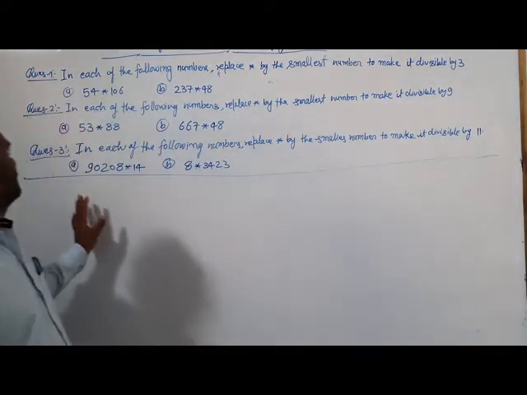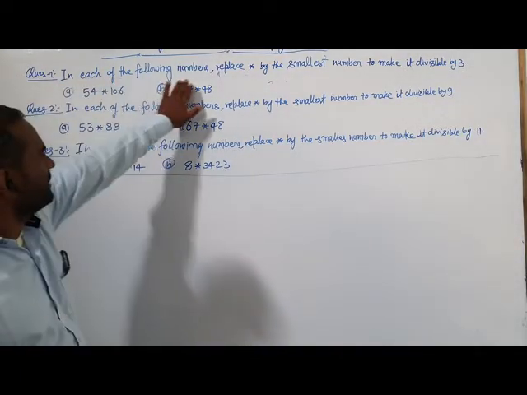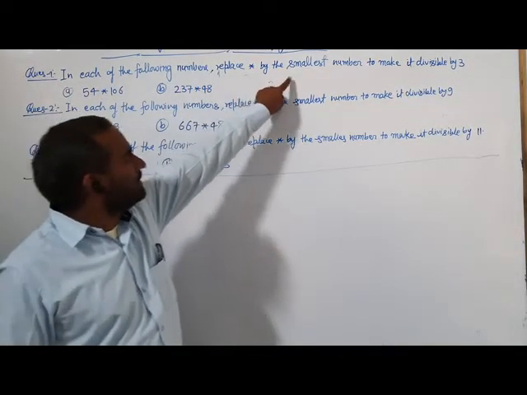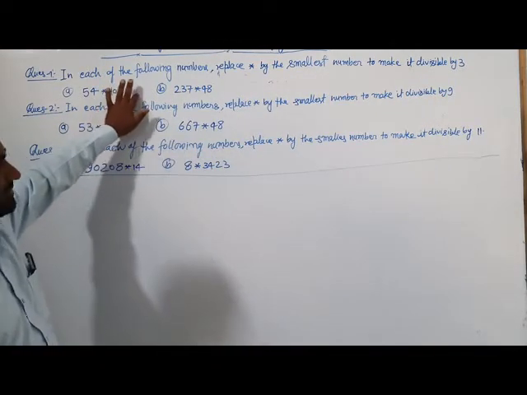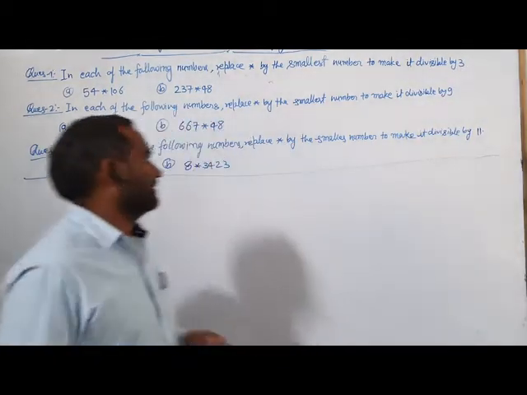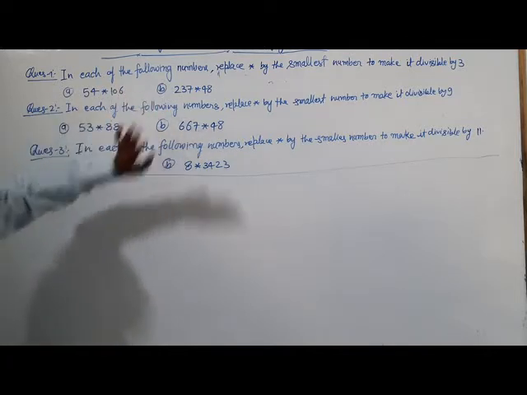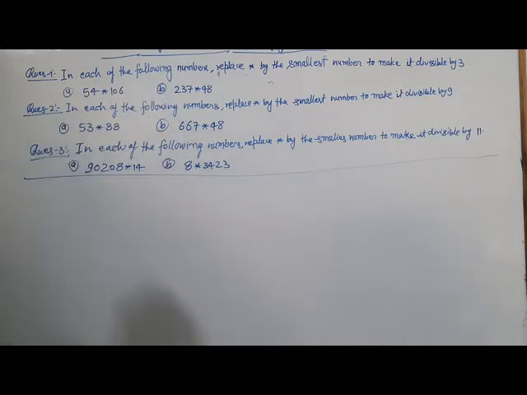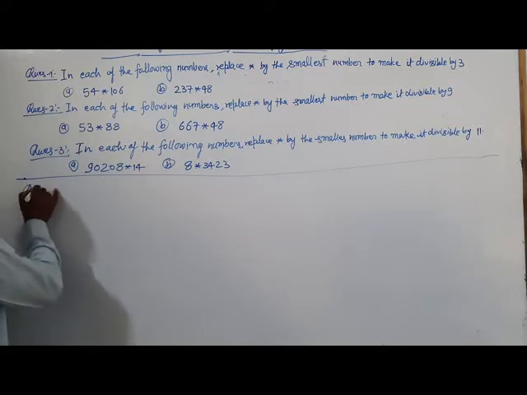Fill in the gaps: in each of the following numbers, replace the star by the smallest number to make it divisible by 3 in the first question, divisible by 9 in the second question, and divisible by 11 in the third question. So we start from question number first.